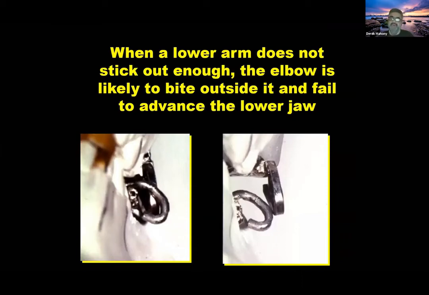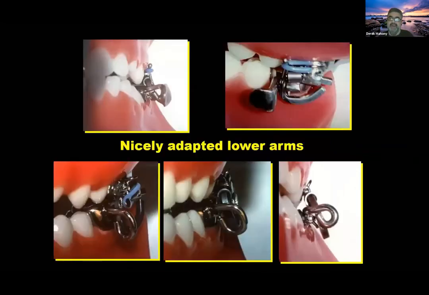One thing you need to do with the MARA is you need to be able to torque the incisors correctly before you advance. The second thing you need to do is you need to make sure that when that mandible is advanced forward, that the upper elbow is torqued correctly to the lower arm, because if it's not, you're going to slip out like you see in this diagram, right?